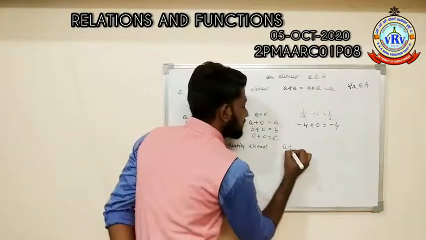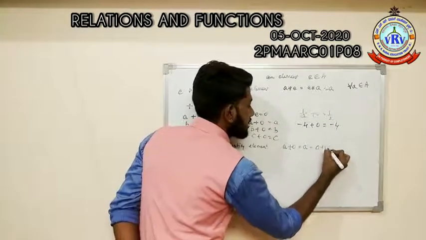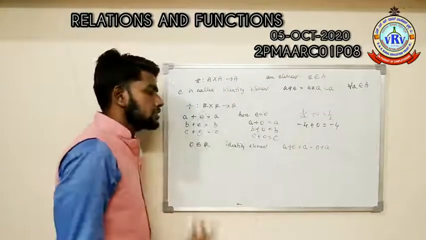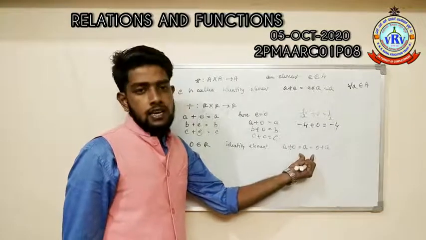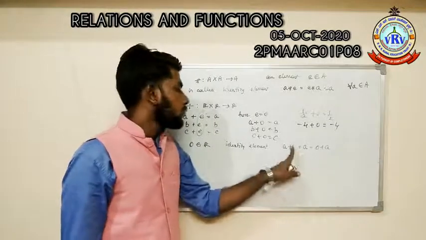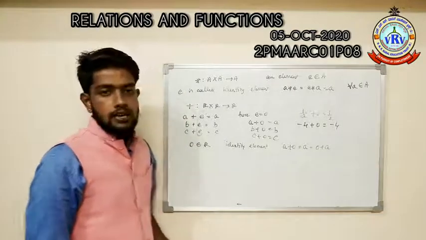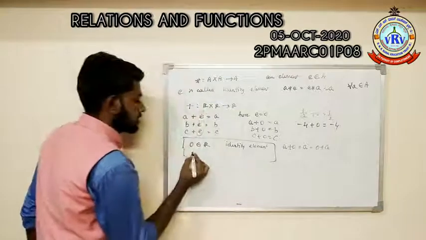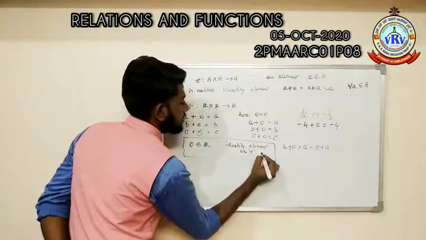If a plus 0 is equal to a, or 0 plus a. Other side also we can operate, right? A plus 0 or 0 plus a, both will return the value a. Therefore, 0 is the identity element under the set R. It's important: 0 is the identity element on the set R for the binary operation plus.